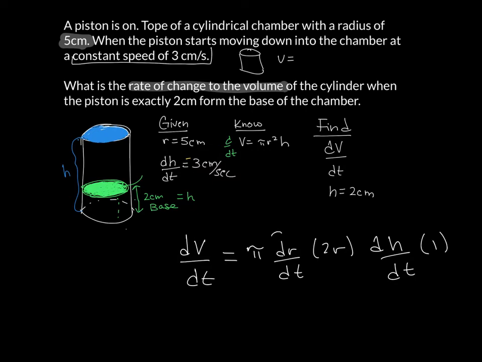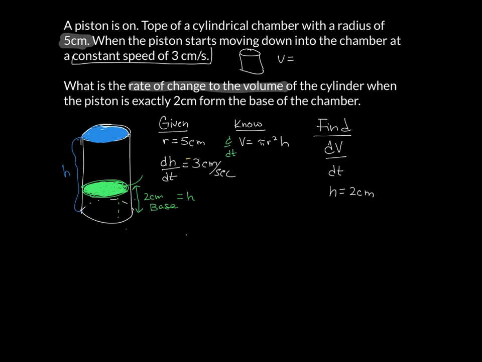But if you look at this dr, we don't have any information about dr/dt, but even more than that, we are given what r is. So let's go ahead and back this up. We don't have dr/dt, but we do know what the whole radius is. So if we did this, it's not going to get us anywhere. We want to take a step back and not do this. We want to go back.